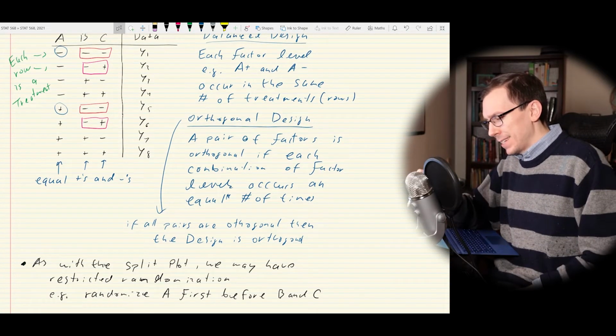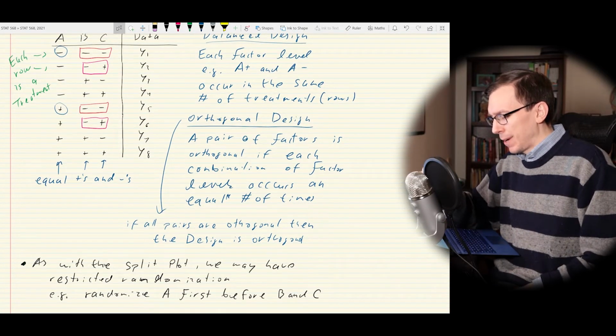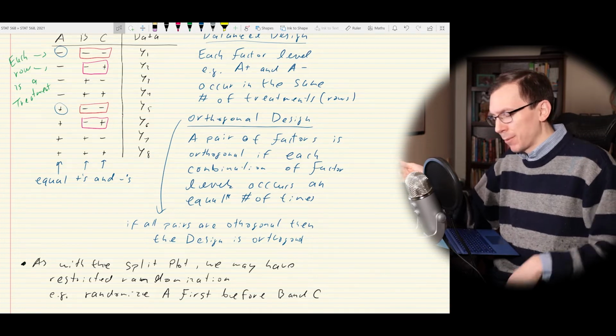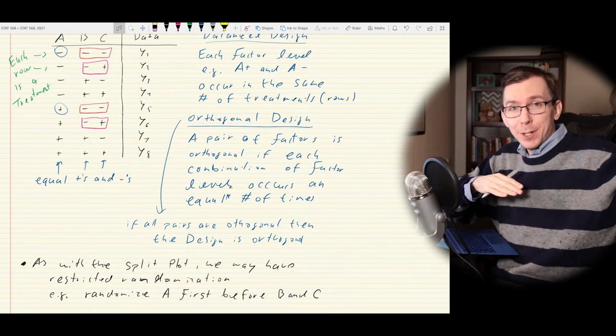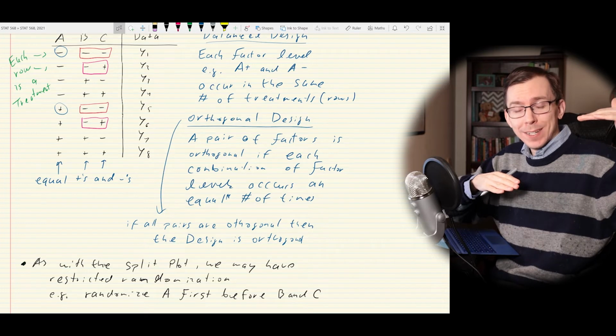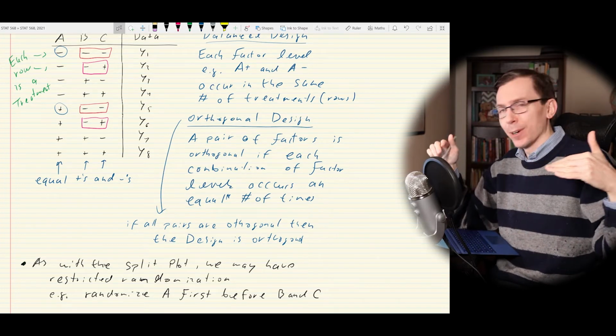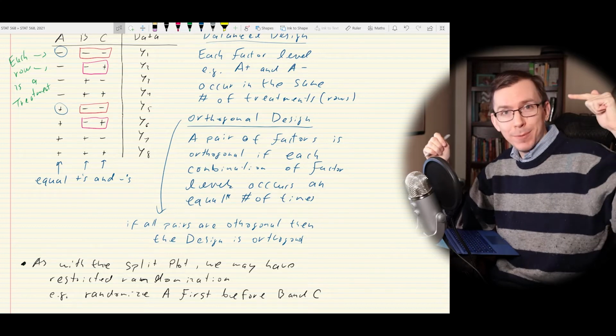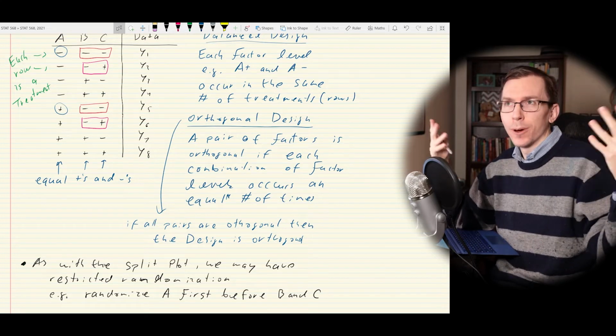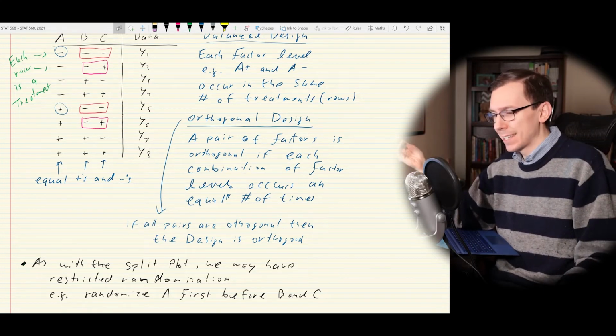Because if we were to try to run this experiment, my example here, my 2 to the 3 factorial design, we would take our 8 rows, and we don't want to test them in order. What we want to do is randomize the rows. So now we just have all of our rows in a random order, and then we would test them one by one, or maybe it's the setting where we could just test them all at once.